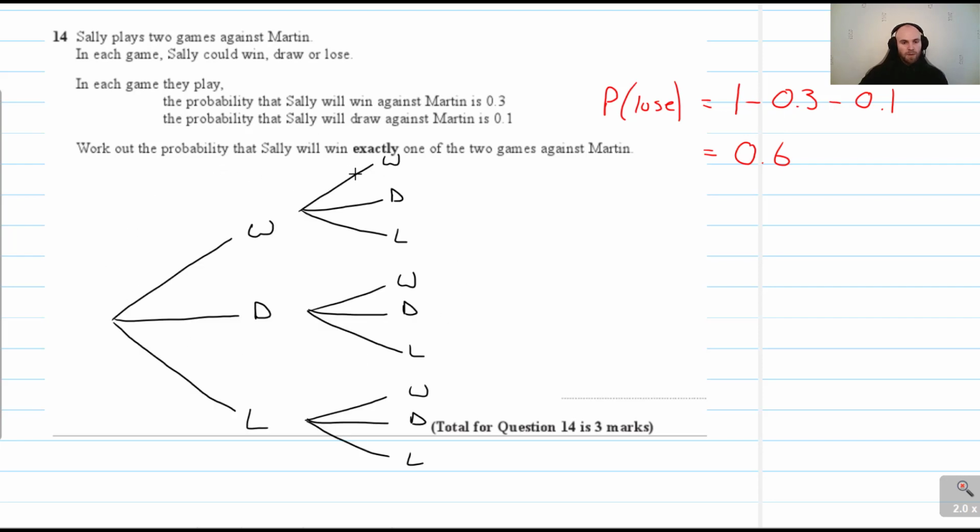Okay, so I've just drawn this probability tree here, and now I'm going to put the probabilities of each one in. So the probability of all of the wins is going to be 0.3. The probability of a draw is going to be 0.1. And the probability of losing is going to be 0.6.